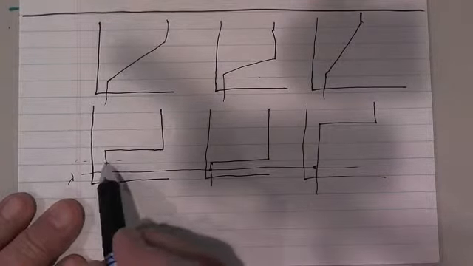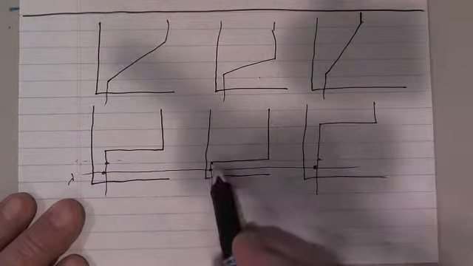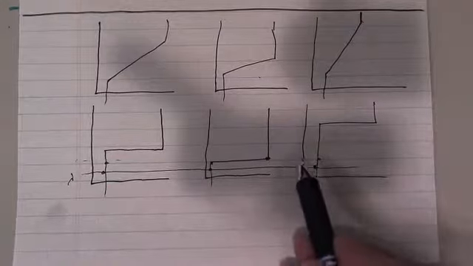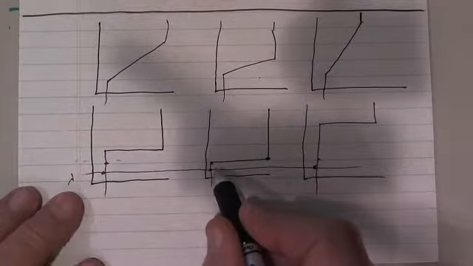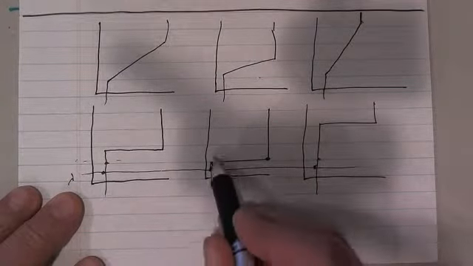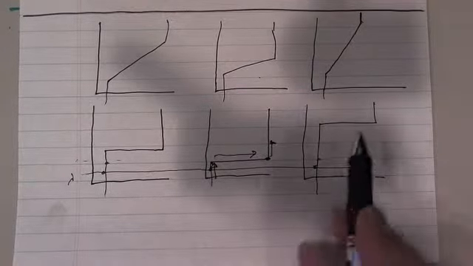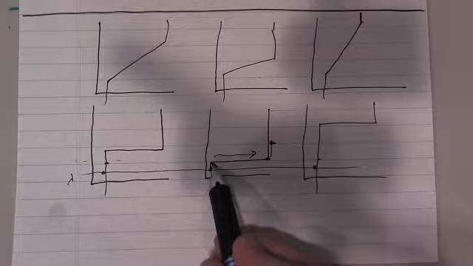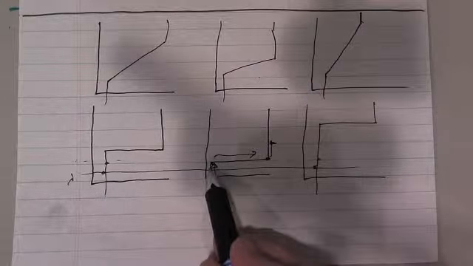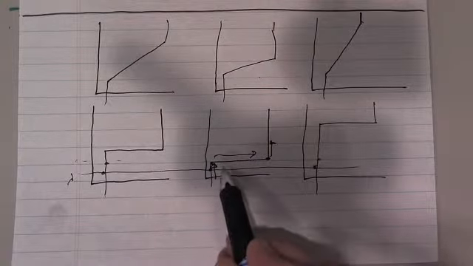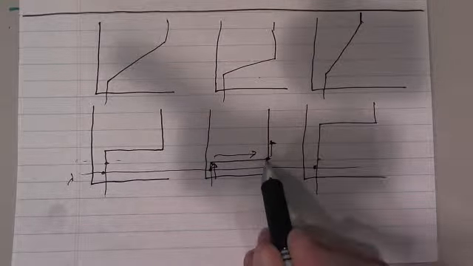You can keep these at their min, and let this one come across until it gets to its max. So the next one is this one. It's as if it goes up, and then it goes over, and then it goes up. The only way to picture that is to say, well, it's not a perfectly flat function. It's just got a tiny little bit of rise. So as I raise the lambda, it edges its way across here.